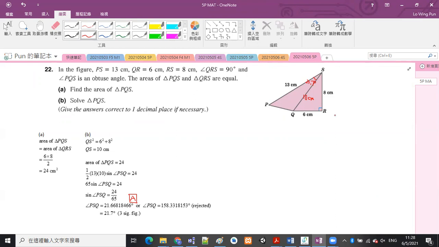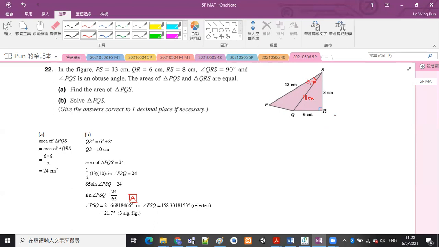But is there any pair of corresponding length and angle in these three? Do we have any pair? No. So we cannot use the sine formula. So we must use the cosine formula to find the length PQ.